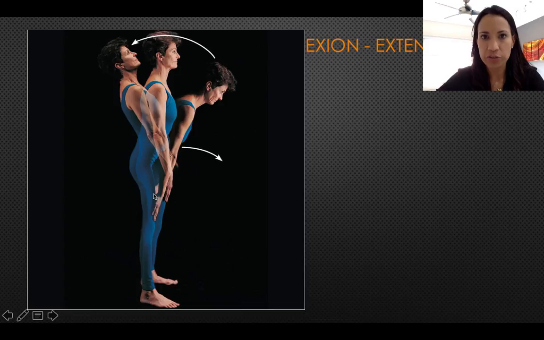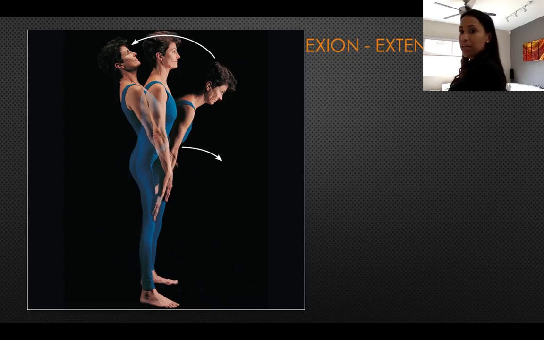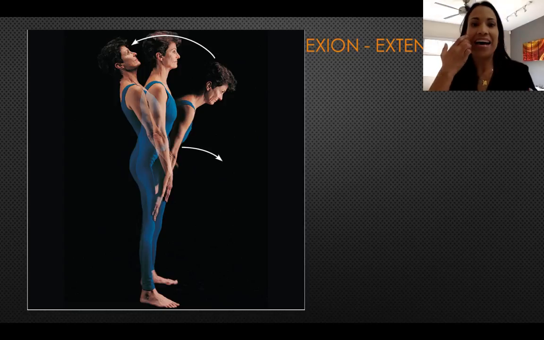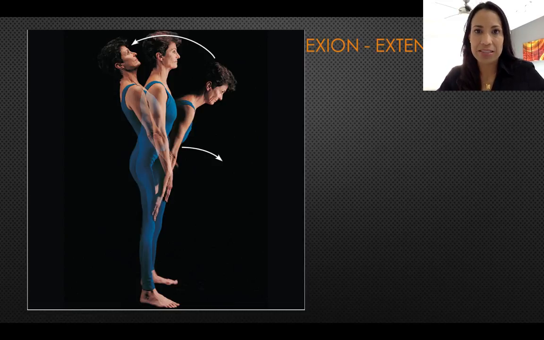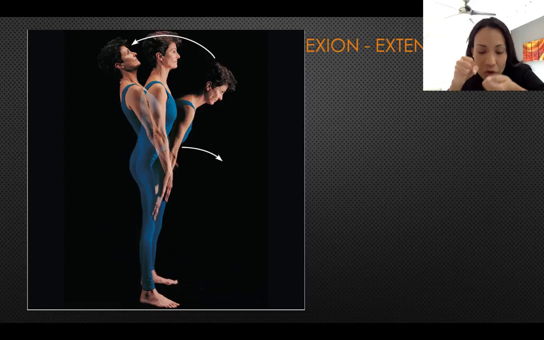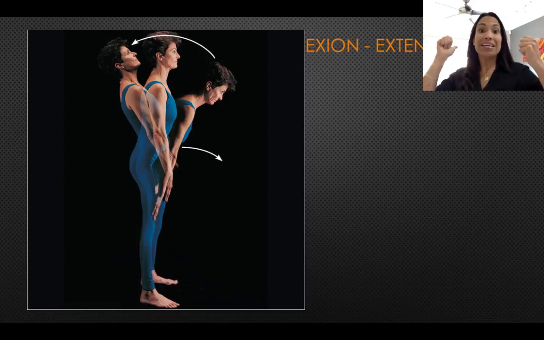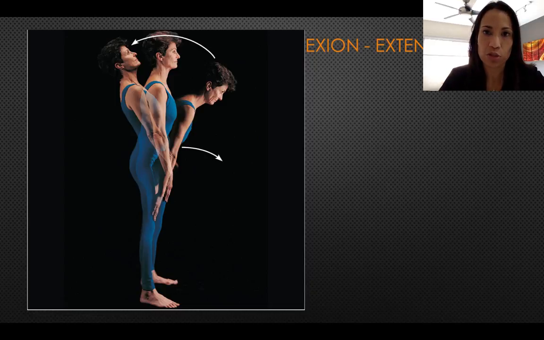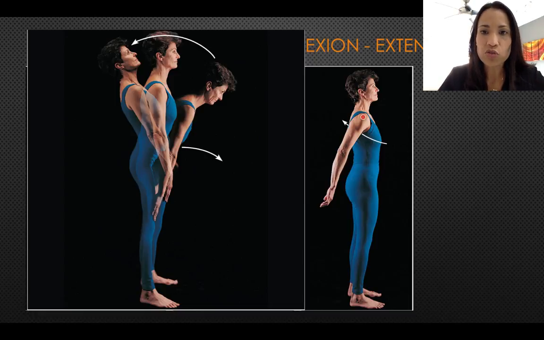That's flexion of her trunk. When she goes back to the anatomical position, that's extension of the trunk. But if, instead of stopping right here in anatomical position, she bends backwards, that is hyperextension. So there is no hyperflexion, you cannot curl more than that, but there is hyperextension when you pass the anatomical position plane. That's the trunk.